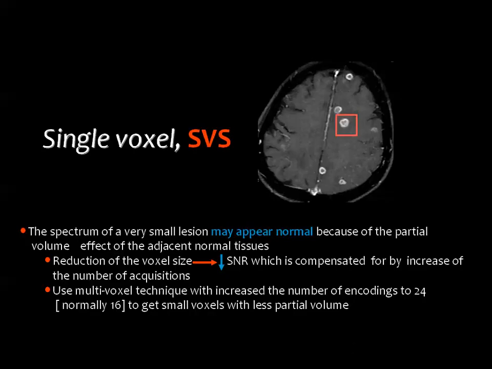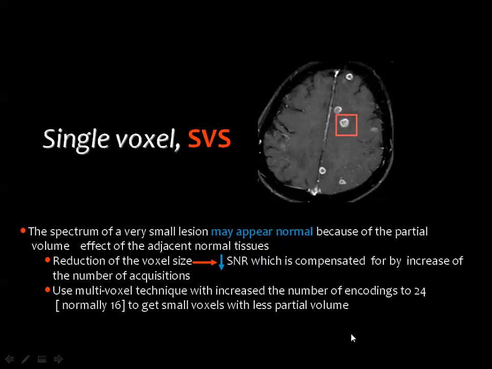One drawback of the single voxel technique is that the voxel is sizable, and sometimes you are sampling a pathology which is smaller than the voxel. Then you also sample normal brain tissue surrounding the lesion, and this may result in a normal-appearing spectrum because of partial volume.